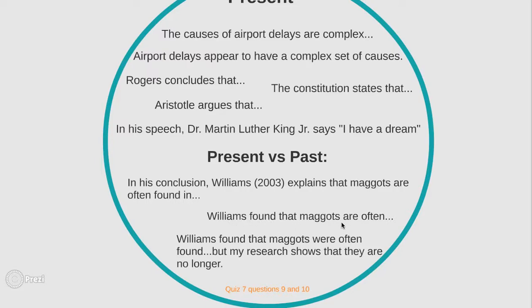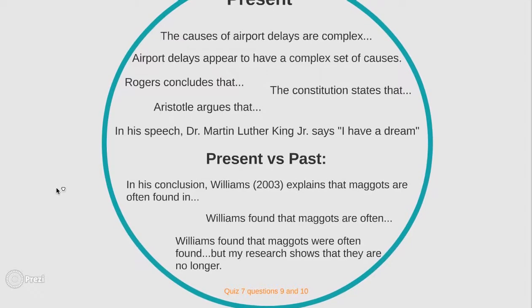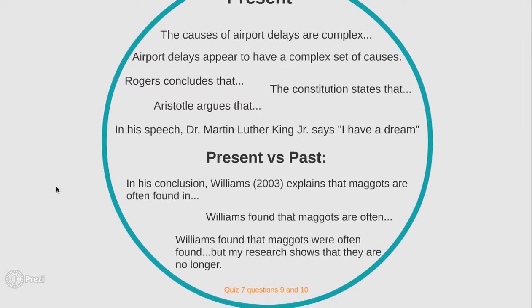So Williams found that maggots are often... For some of you in your summaries, I may have told you, ooh, but you're talking about something specific in the writing, right? So you can say, I find that Williams does this, or Williams finds many examples, dot, dot, dot.